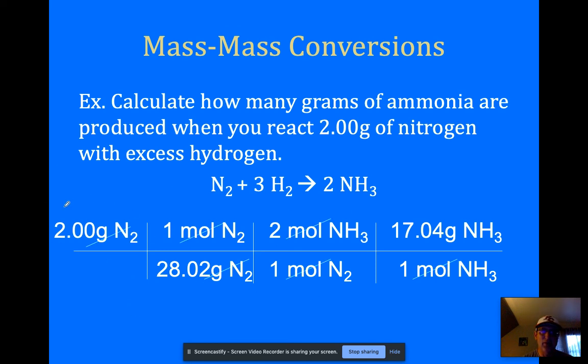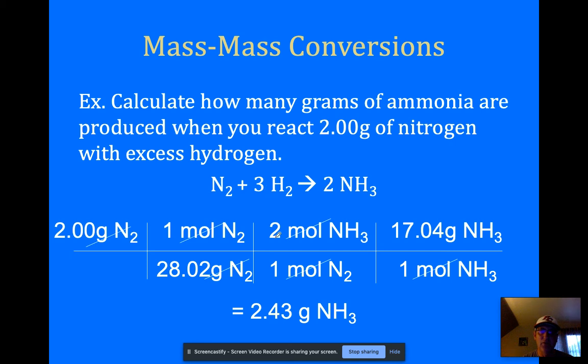We start with the 2 grams of N2 that we're given. That's right here. Even though in the question it just says nitrogen, remember you pick it out from the balanced equation, which is N2. Okay. From the periodic table, nitrogen's 14.01. You have 2 of them, 28.02 and 1 mole of N2. Okay. Now here comes your mole ratio.